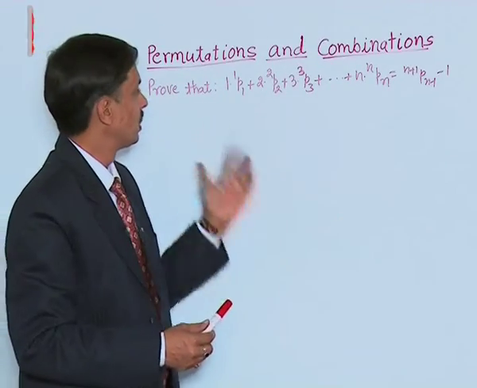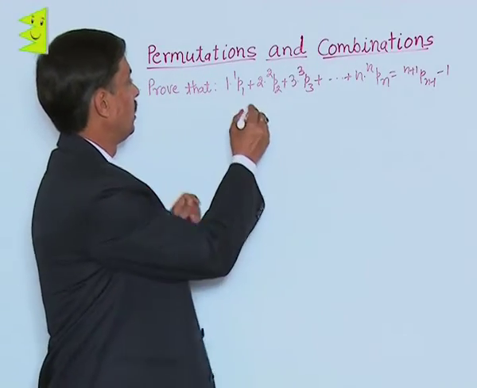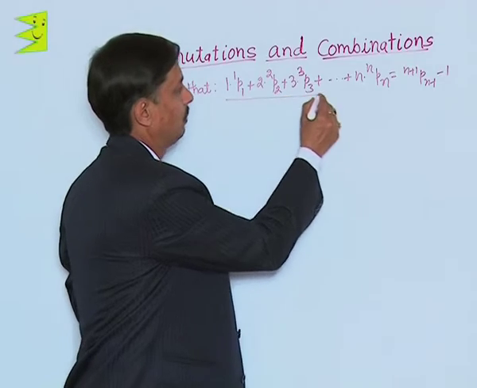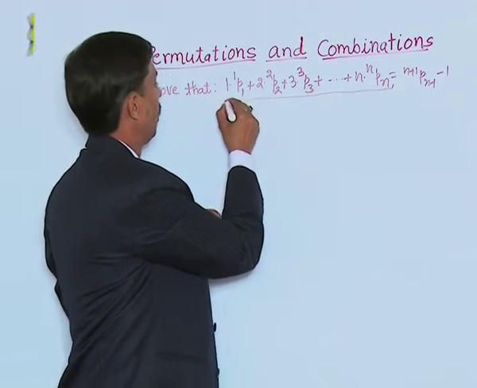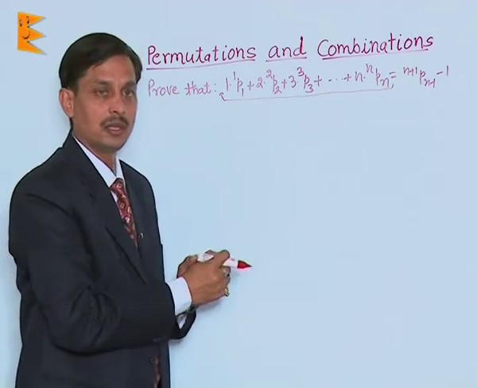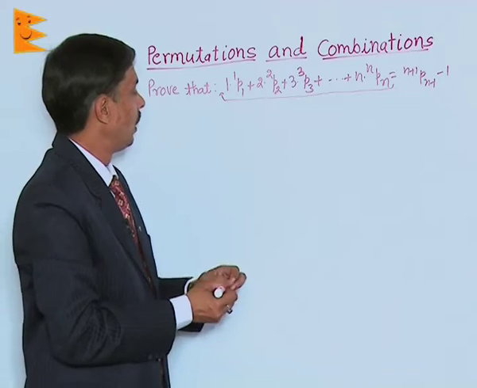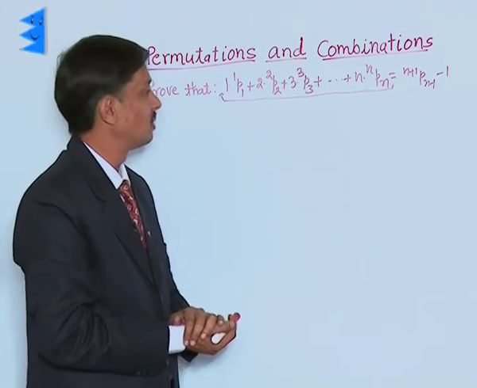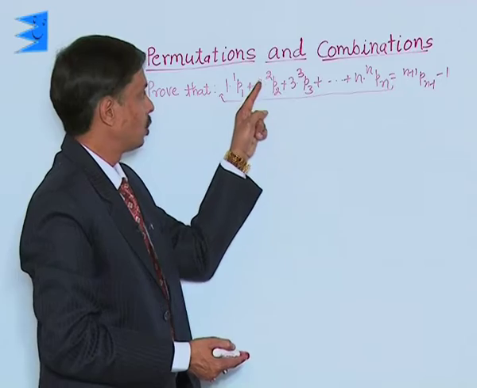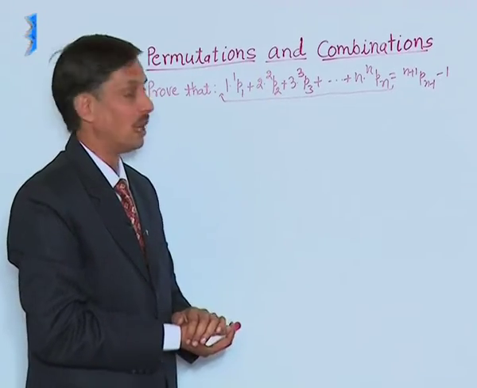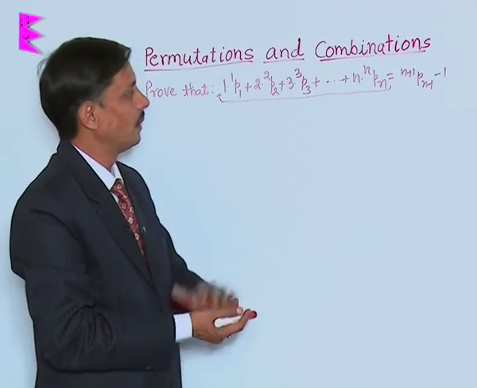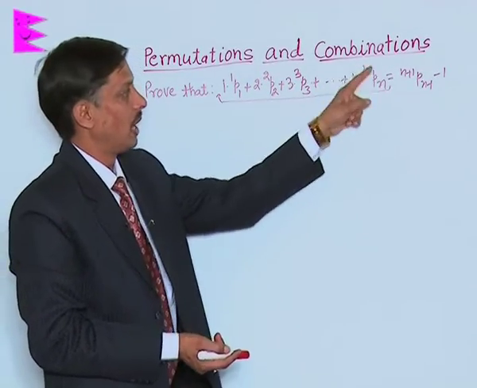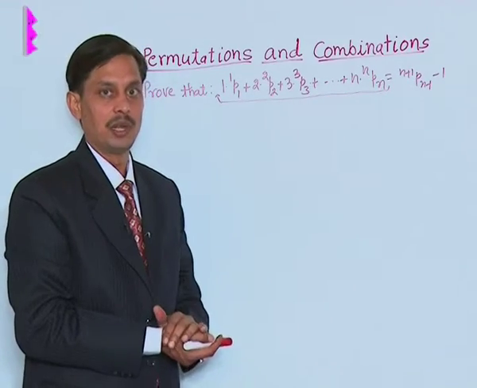In order to prove this result, I am taking the left hand side of the problem. If it is 1P1, it means that 1 is multiplied. If it is 2P2, 2 is multiplied; 3P3, 3 is multiplied; nPn, n is multiplied.